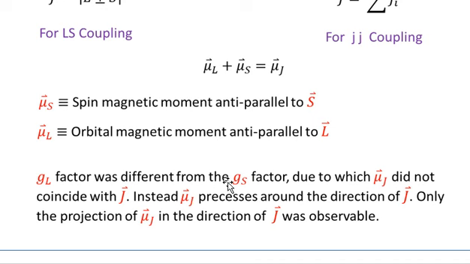Due to this difference, mu J did not coincide with the direction of J. In a previous lecture we also saw that the direction of mu J is not exactly anti-parallel to the direction of J. Instead, mu J precesses around the direction of J, and only the projection of mu J in the direction of J was observable.